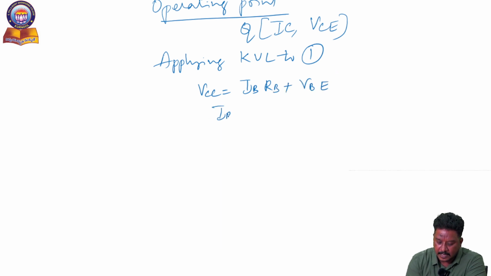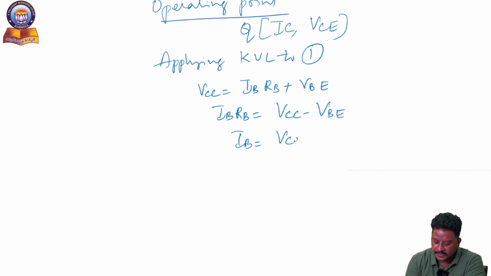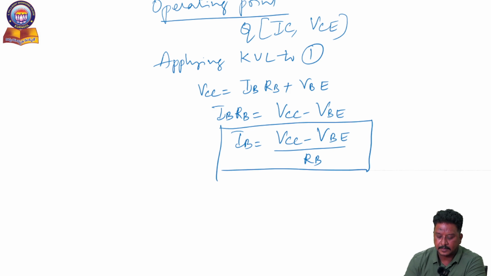So IBRB is equal to VCC minus VBE. So IB is equal to VCC minus VBE by RB. This is the final input current I am getting for the common emitter configuration.